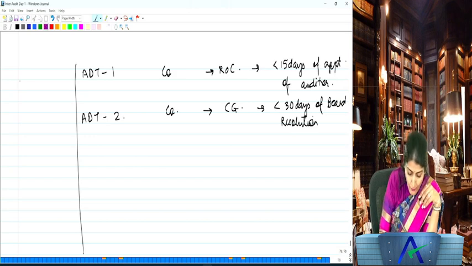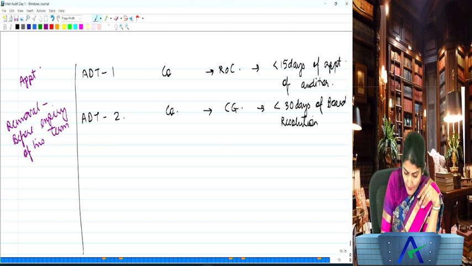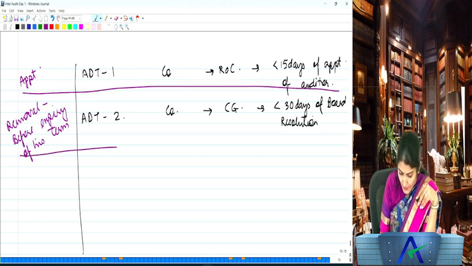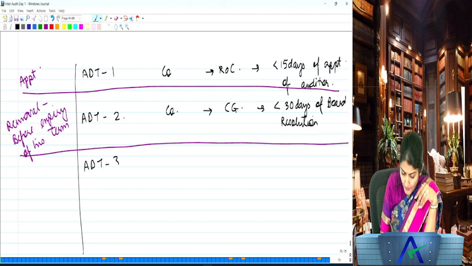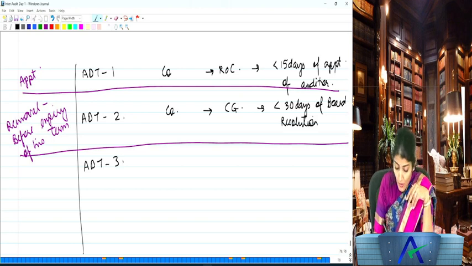So ADT1 is regarding the appointment of the auditor. ADT2 is regarding the removal of the auditor before the expiry of his term. Is it right? Are you understanding that? Right. Then you have ADT3. Who needs to file?